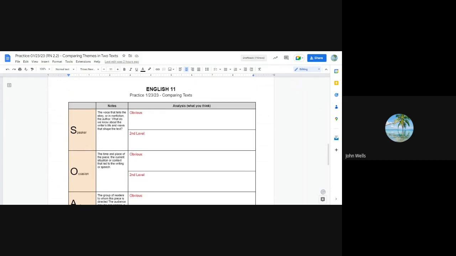In the first set of these, we have 2 rows. We have the obvious, and then we have the second level. And if you remember when we did the SOAPSTone Friday with the FDR speech, we talked about this is the obvious, right? Like we know the date, we know the speaker, we know what the occasion was, we know who the audience was because there were people right there, right?